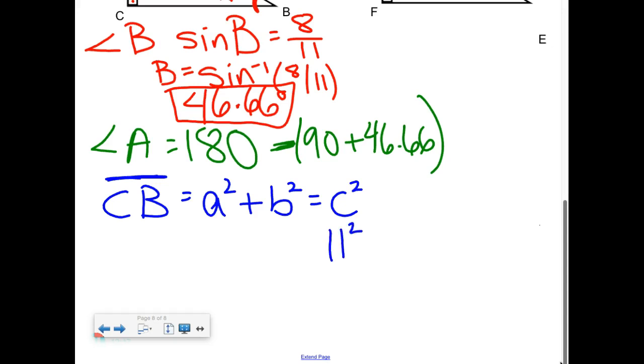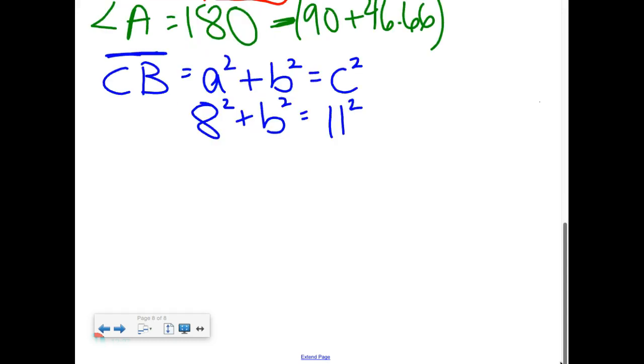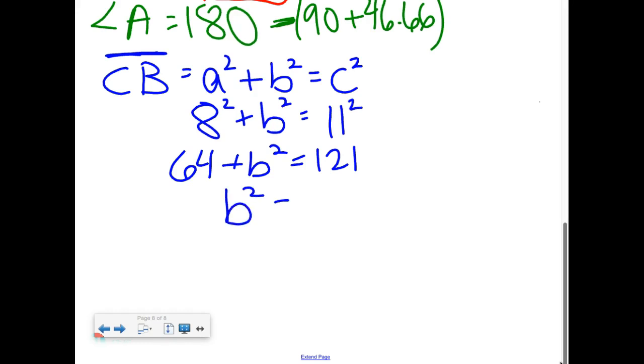And does it matter how you plug in the A and the B? No, it doesn't really matter. So I'm just going to say 8 squared plus B squared. All right. So we know 8 squared is going to be 64. The 11 squared is 121. We're going to subtract the 64. We're going to get 57.